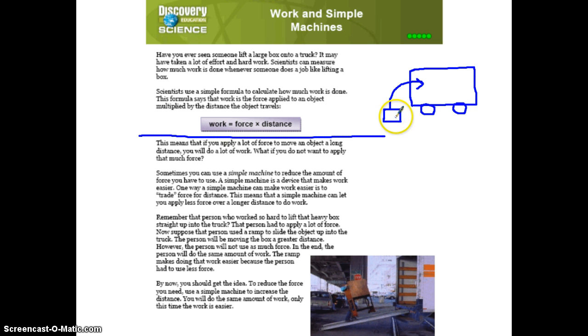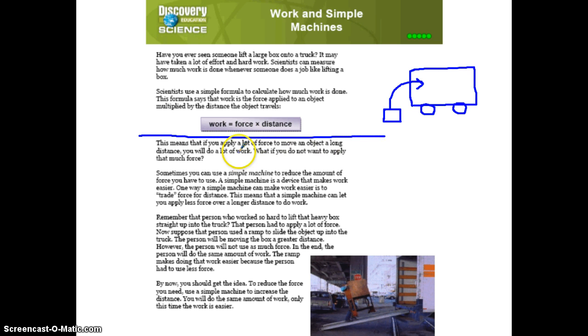Whatever force it takes to lift this object, I'd also have to multiply it by the distance. So if it takes a lot of force to move this box, if it's a really, really heavy box, and I multiply it by a short distance, I've still got a lot of work because it took a lot of force to move that box. Okay? So now let's keep reading.